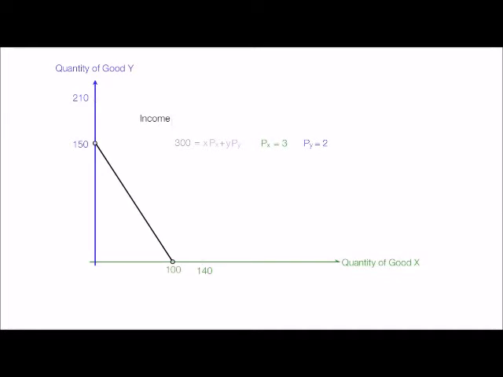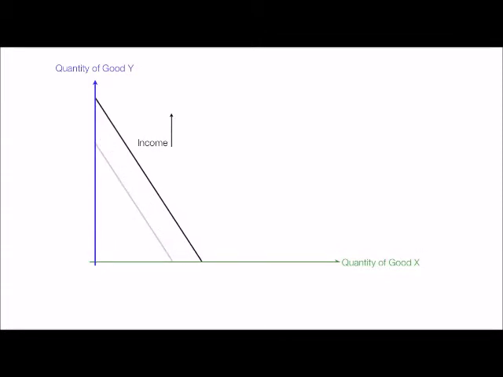If income goes up, just to review real quick, if income goes up, the budget line shifts out. If income goes down, the budget line shifts in. If the price of X goes up, the budget line rotates inward like that.